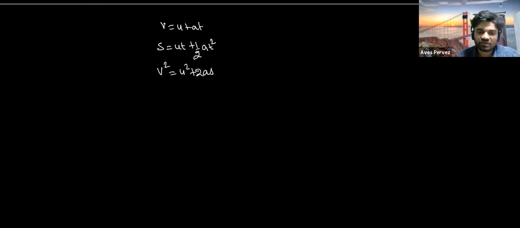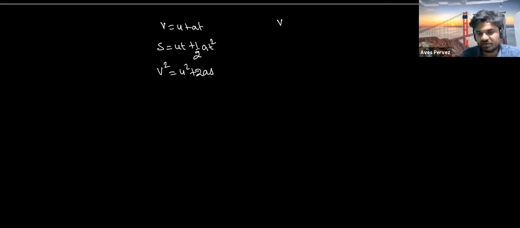The first equation of motion is v is equal to u plus at. The second equation is s is equal to ut plus half at square, and the third equation is v square is equal to u square plus 2as. We have five physical quantities mainly.